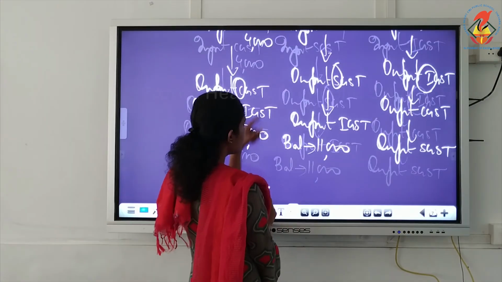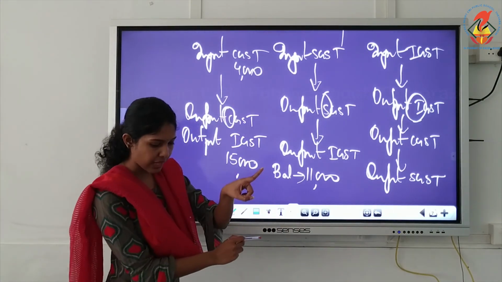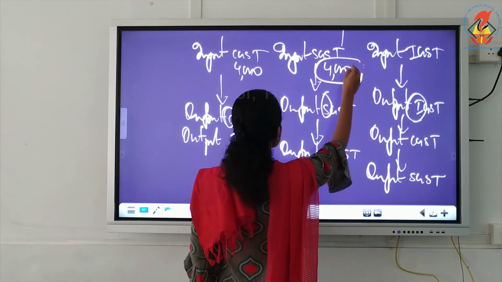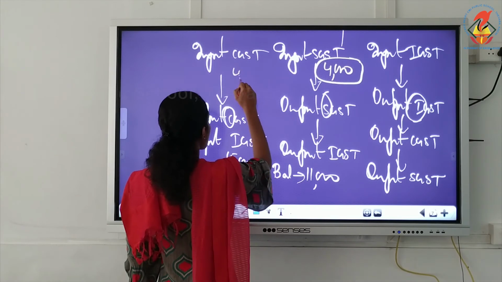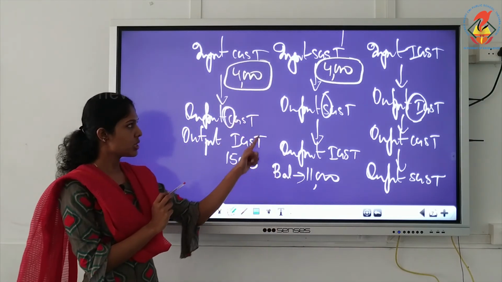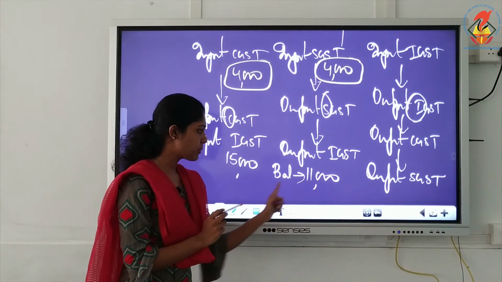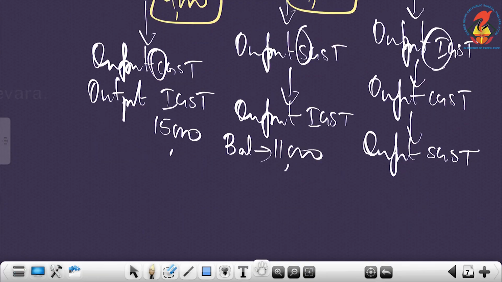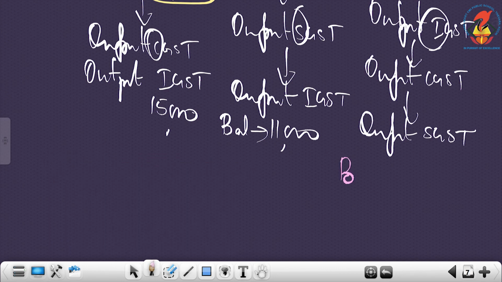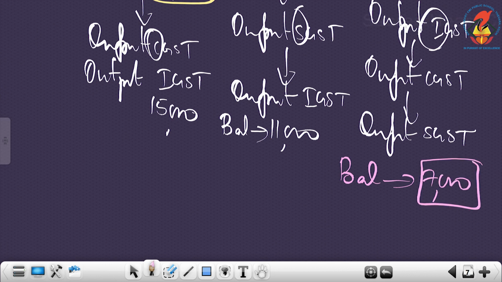Then here we have input SGST, and that amount is again 4,000. Okay, so input SGST is 4,000, which we can now meet from this balance 11. So now there will be a balance of 11 minus 4. There will be a balance of 7,000 in output. Sorry, not in output SGST.